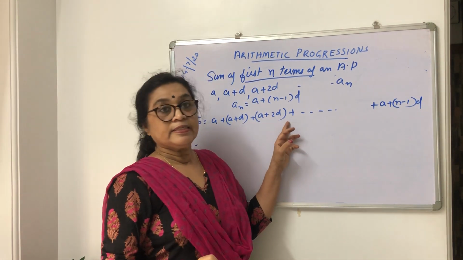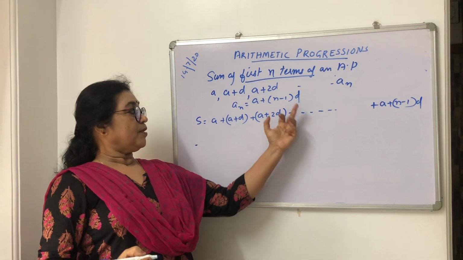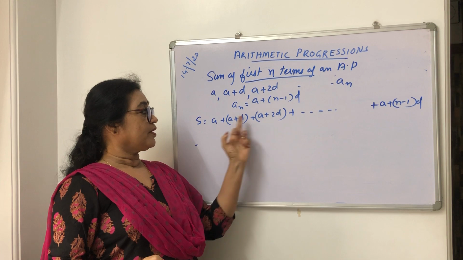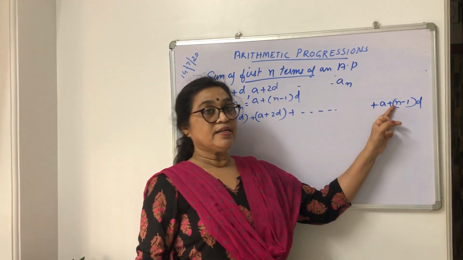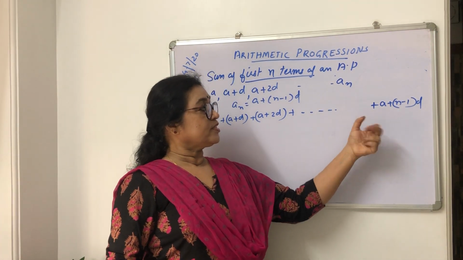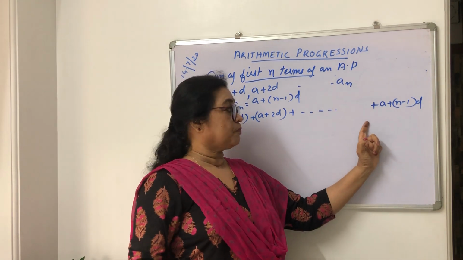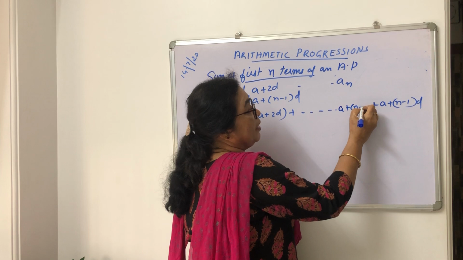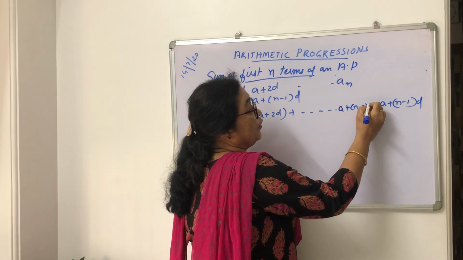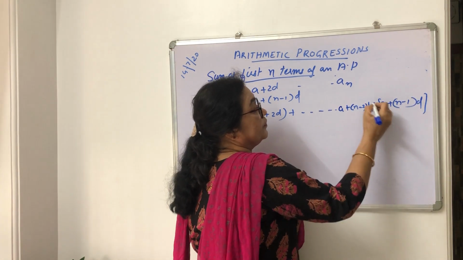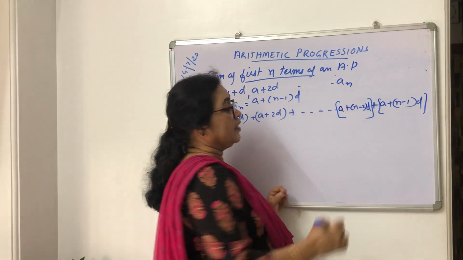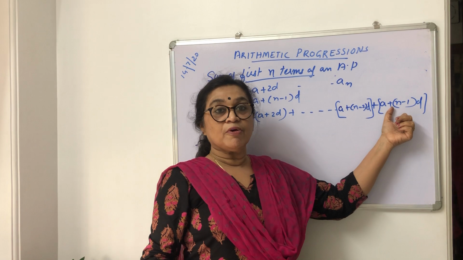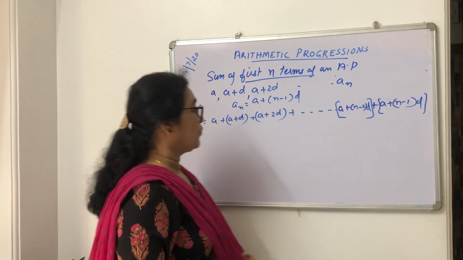Here you see the third term is a plus 2d. The previous term is 1d less. Similarly, one term before this, one more d you have to subtract. Therefore, this term will be a plus n minus 2 into d, which is the preceding term of a plus n minus 1 into d.